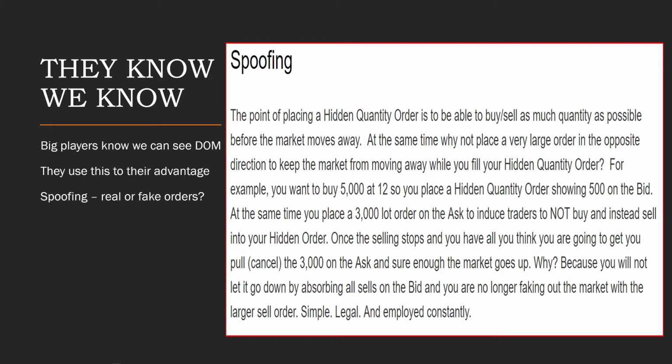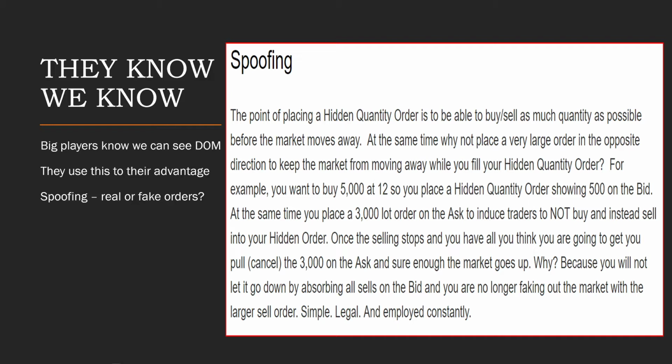Right? So I'm going to read this. The point of placing a hidden quantity order is to be able to buy or sell as much quantity as possible before the market moves away. At the same time, why not place a very large order in the opposite direction to keep the market from moving away while you fill your hidden order? For example, you want to buy 5,000 shares at 12.